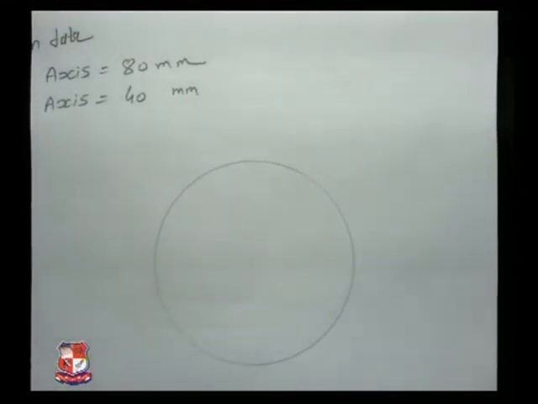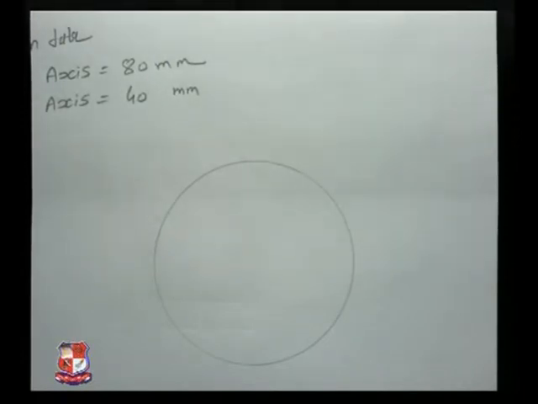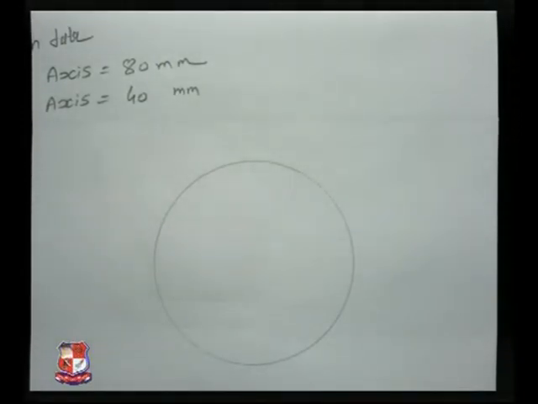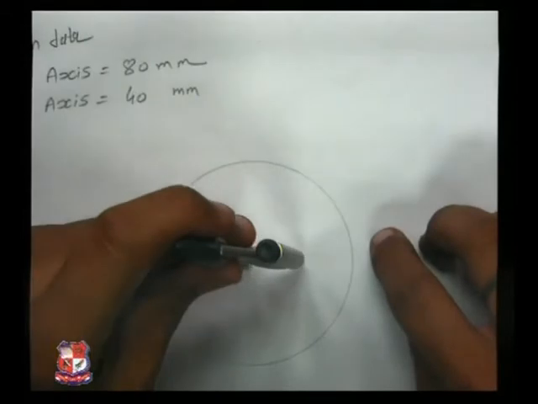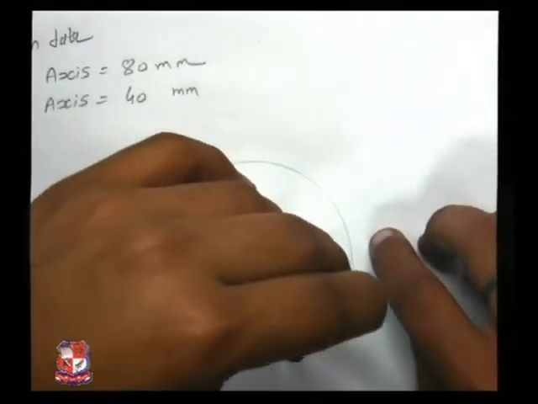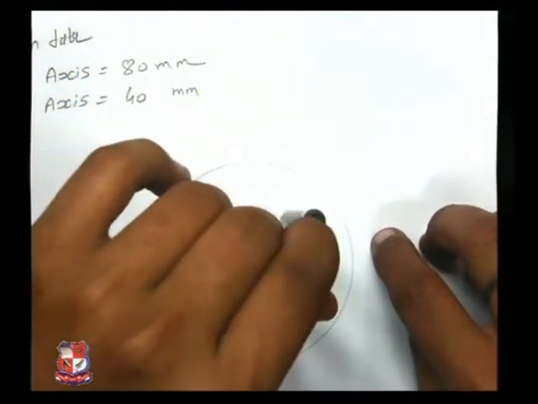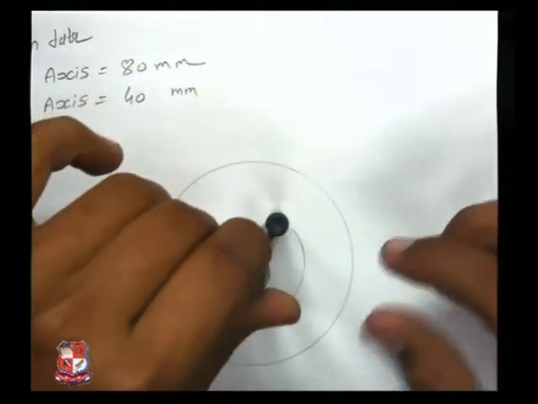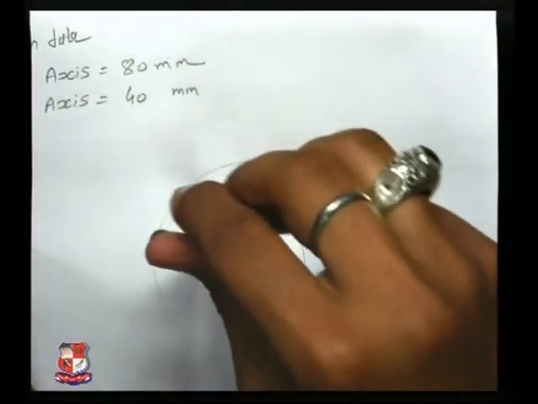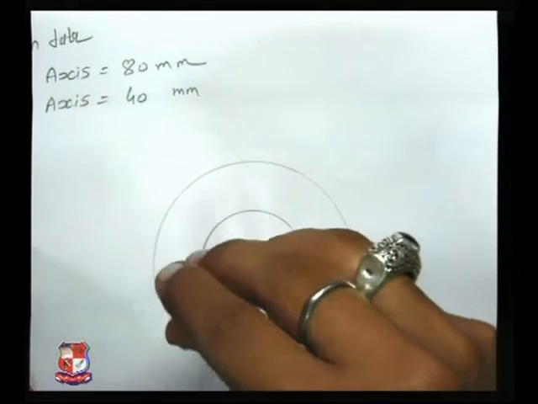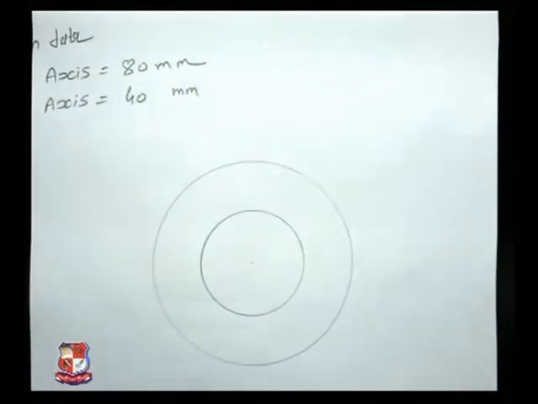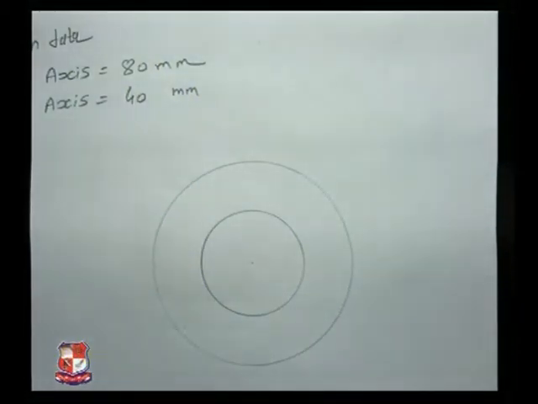Now I will draw minor axis, which is given as 40 mm diameter. So I am taking 20 mm as radius, and hence I am drawing this minor axis circle.